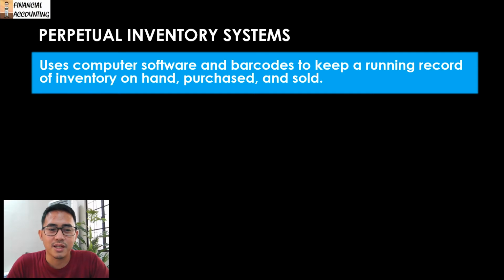Maybe you are familiar with stock cards, just like your library card in the library. It's like an index card wherein you will be able to see the beginning balance of that specific item, meaning one item should have one stock card. So beginning items plus purchases minus sales, and you'll get the ending balance.